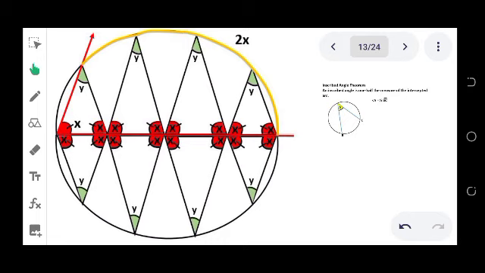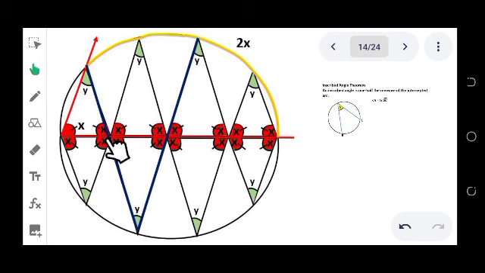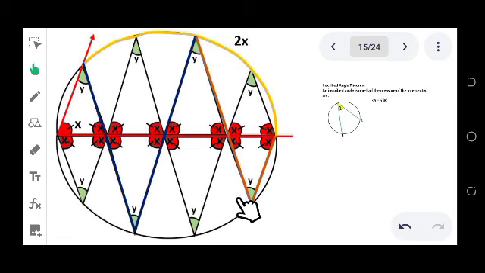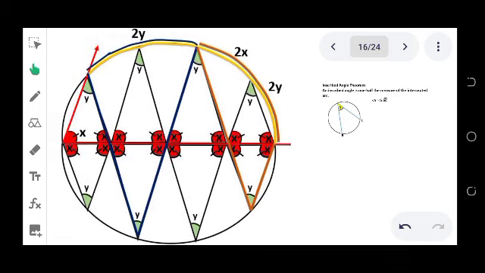Now this time, let's take this angle here, formed by angle y, and let's have the same thing here. Now notice that they intercept these arcs here, this one and this one. And again, by the inscribed angle theorem, the measure of the angle is 1/2 the measure of their intercepted arc.